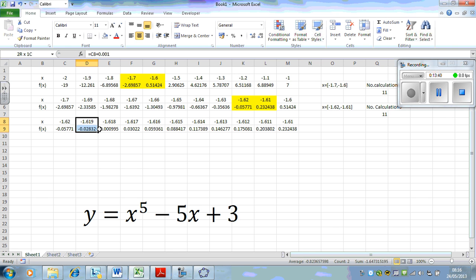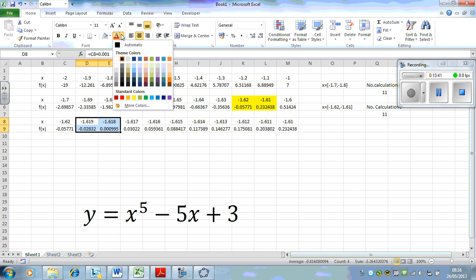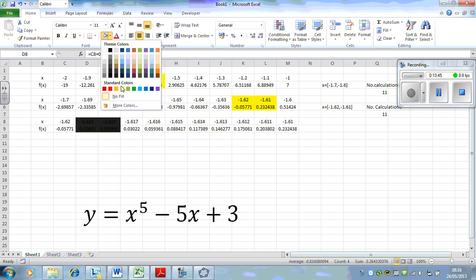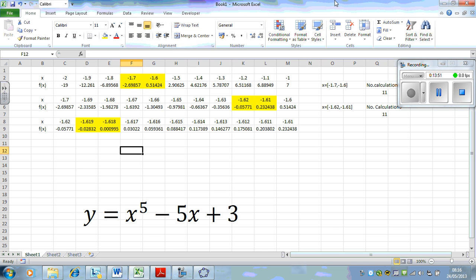Where's the change of sign now? Right, it's there. Brilliant. Now, how far do we have to go? We want to find the answer to 5 significant figures, okay? So, we're not quite there yet.